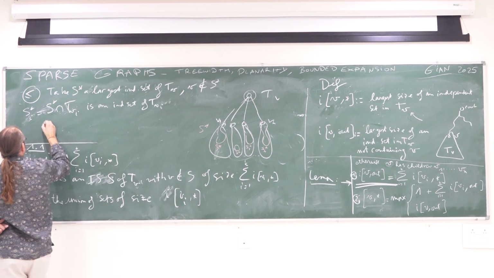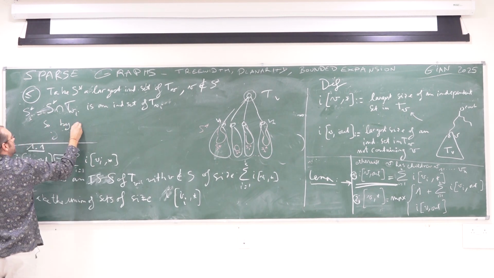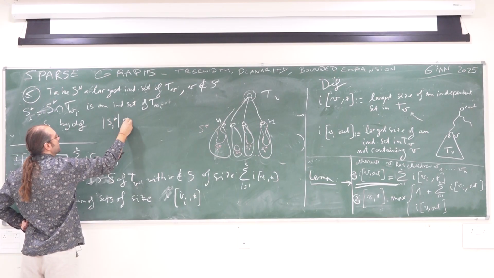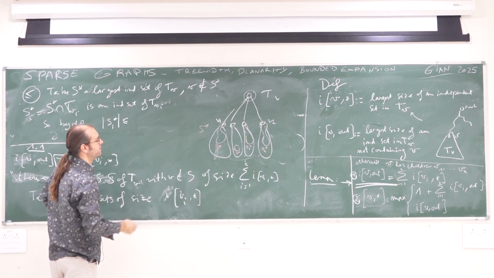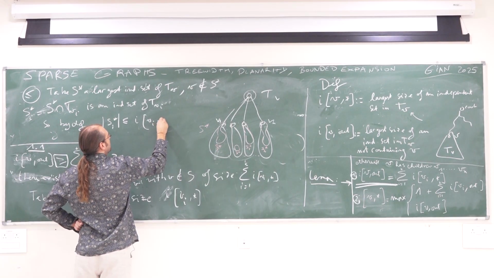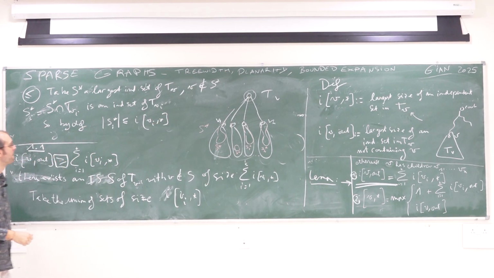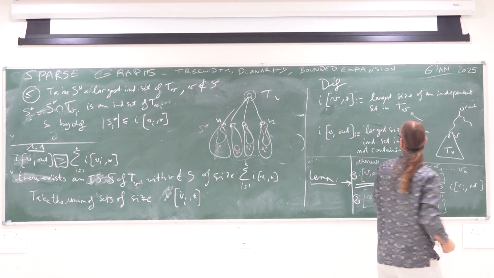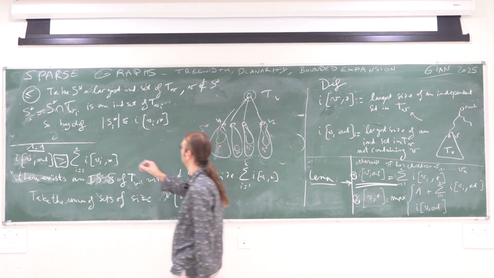So by definition, the size of S star is at most the sum. Of course, S star is the union of these, so the size of S star is at most the sum.